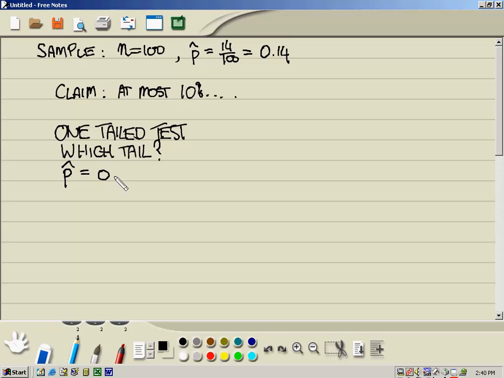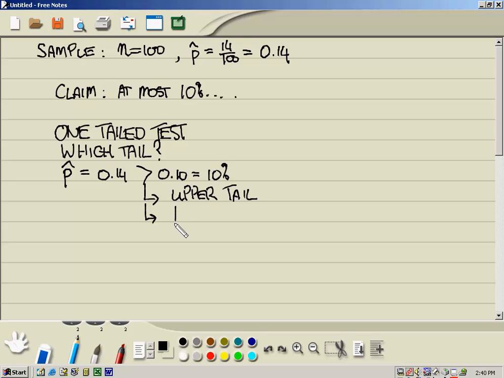P hat, in this case, 0.14, is greater than the 10%, with 0.1, and so greater than tells us that we have an upper tail test. In other words, the sample value will be in the upper tail, and we want a critical value up there also to make it sort of a sporting thing.